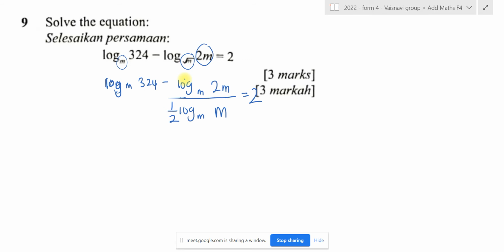That's it. So log m 324 minus log m 2m, this one.